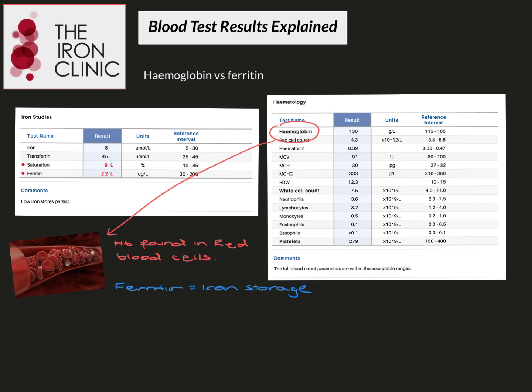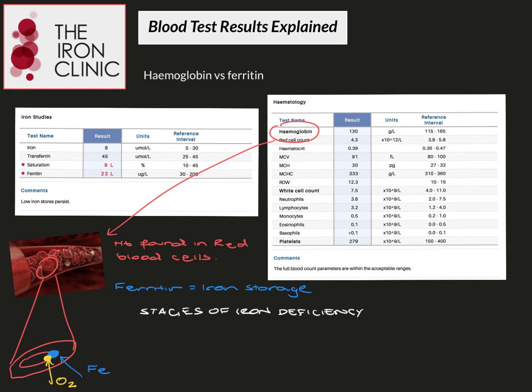So let's look at haemoglobin first. The main component of haemoglobin, the reason haemoglobin is able to bind oxygen and carry it around the body, is because it has iron within it. Now, when your body doesn't have enough iron, it will deplete and deplete, and you may feel symptoms along the way, and a lot of people do.